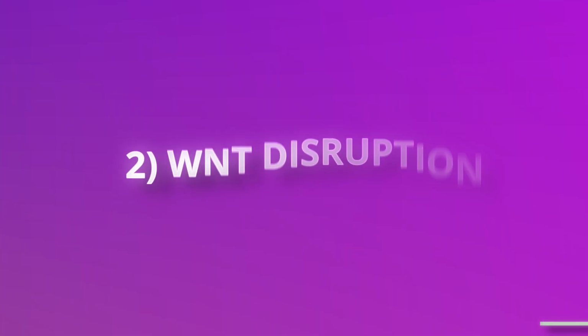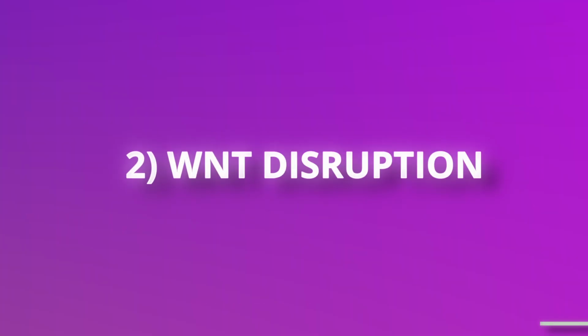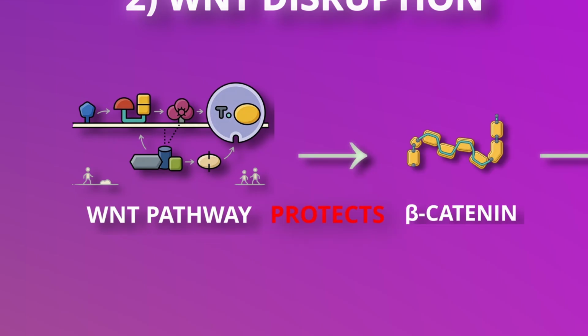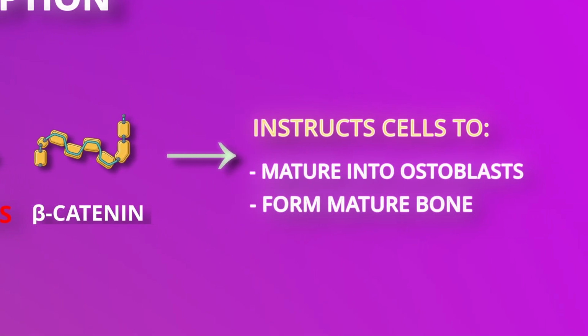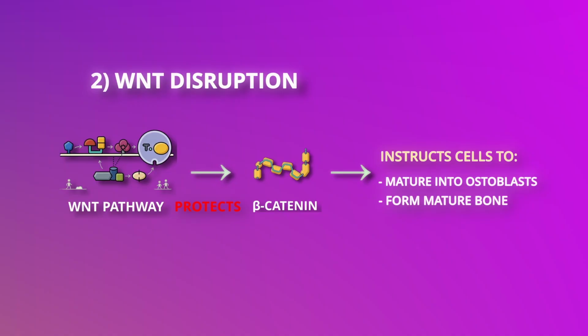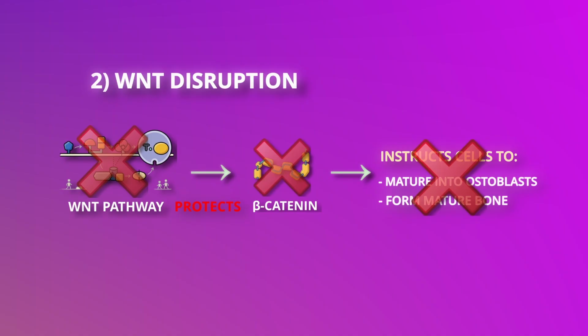The second one, WNT disruption. WNT pathway protects beta catenin as it is the one which instructs the cell to mature and produce mature bone. But due to excessive cyclic AMP levels, this WNT pathway gets disrupted and beta catenin is destroyed. Therefore, the bone which is produced is weak and improper.